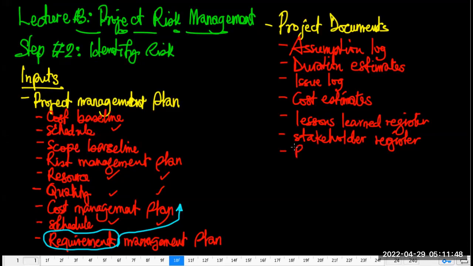Requirement, resource requirement. The resource could include manpower, human resource, and a number of other resources. Remember, there's a document where you have stated the requirements. You can make reference to this document to see which of the requirements are likely to pose risk, right?